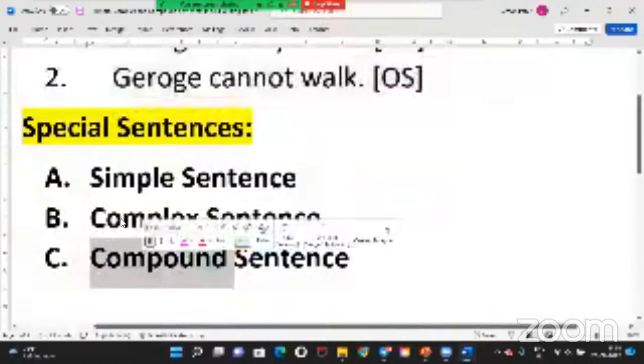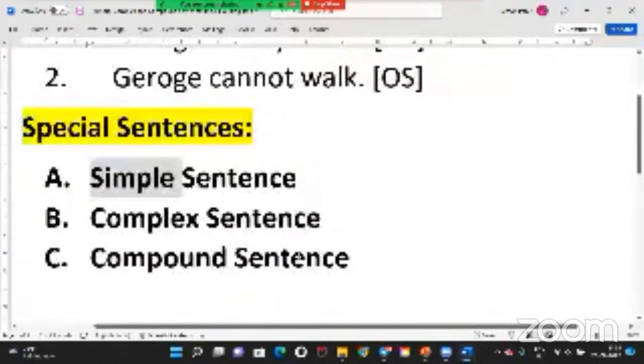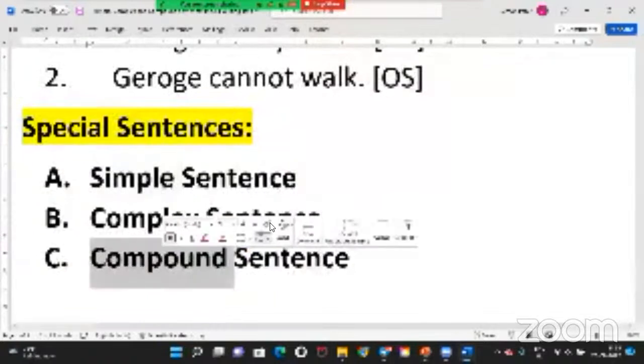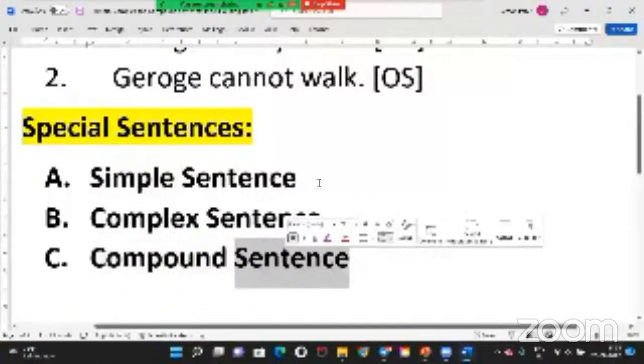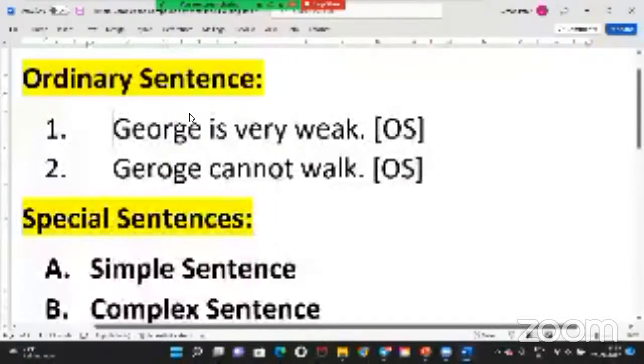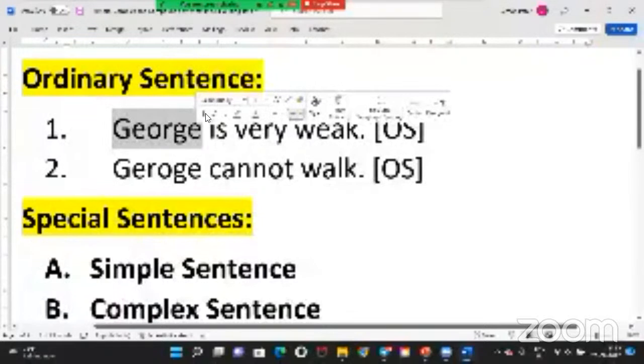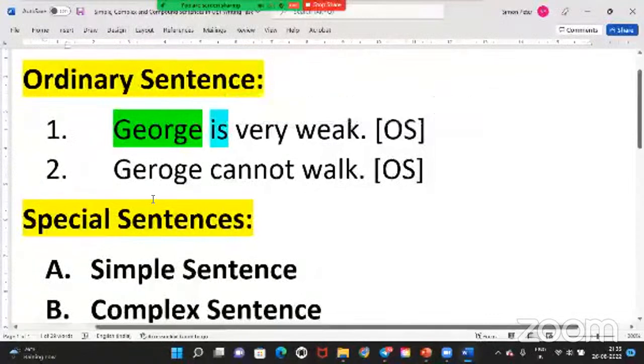So, by default, every sentence has a subject and a verb. So, this is the subject. And this is the verb. Now, this is the subject. And this is the verb.